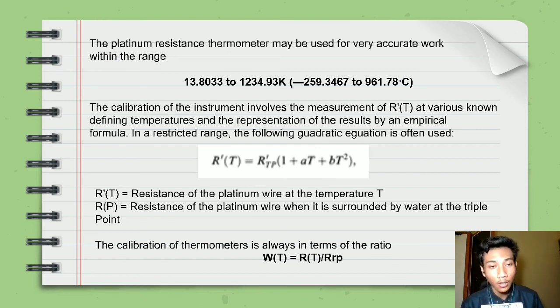The calibration of thermometers is always in terms of the ratio W_T equals R_T divided by R_TP.